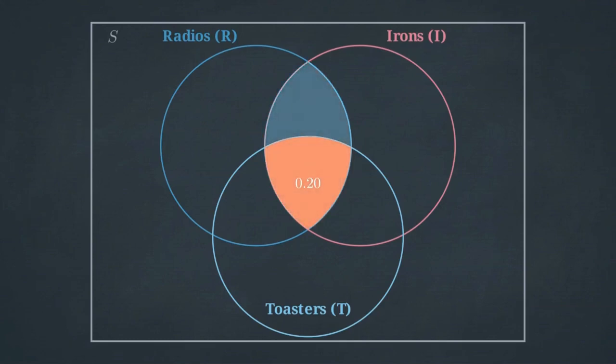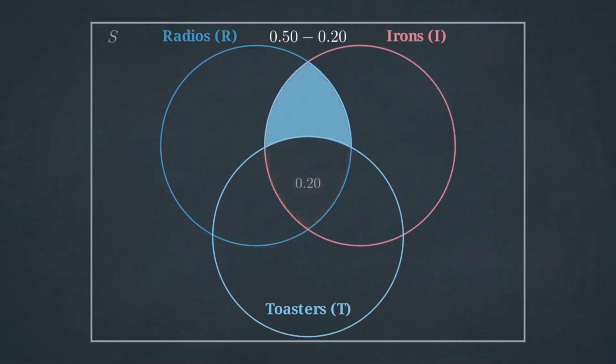This anchors our map. We step 1 layer outward, to the intersection of radios and irons. The raw survey data states this total overlap is 0.50. To find the households with radios and irons, but specifically not toasters, we take that total 0.50 and subtract the 0.20 center. This gives us 0.30.